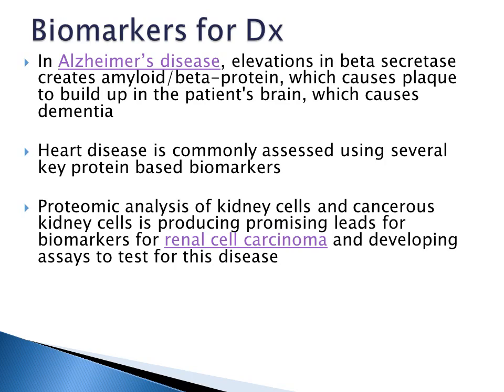And another disease, heart disease, is commonly assessed using several key protein-based biomarkers. So standard protein biomarkers for heart disease include interleukin-6, interleukin-8, serum amyloid A protein, fibrinogen, and troponins.